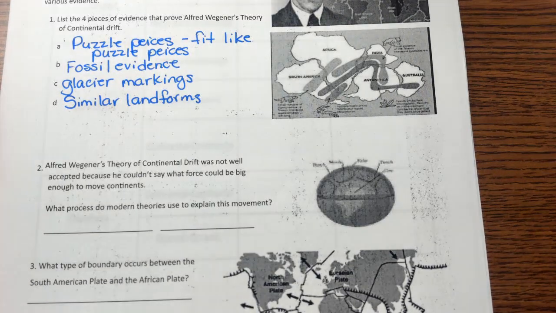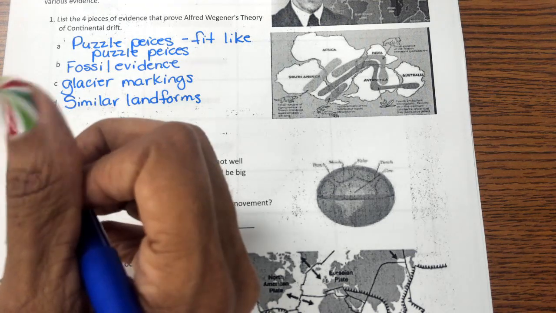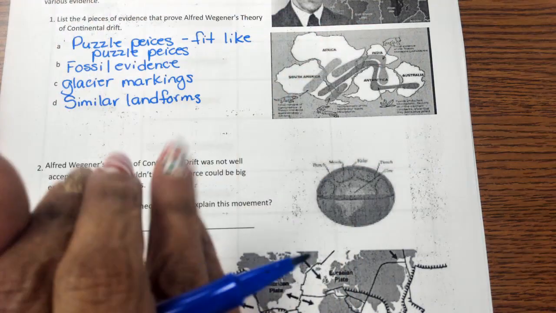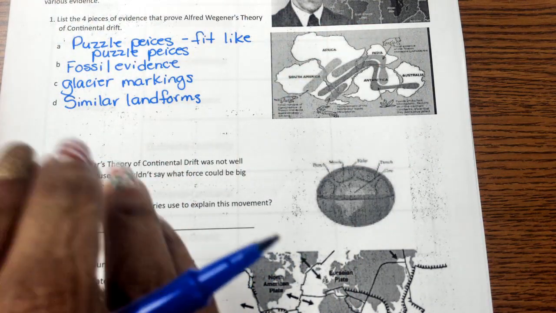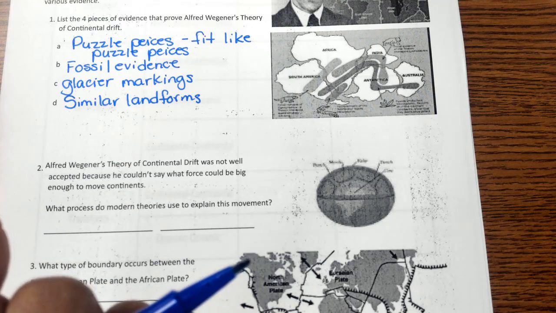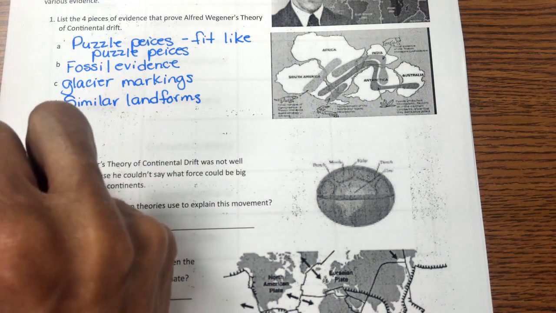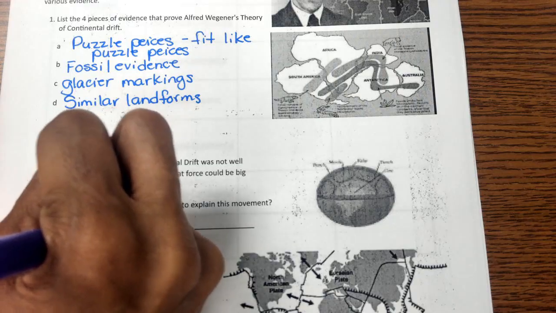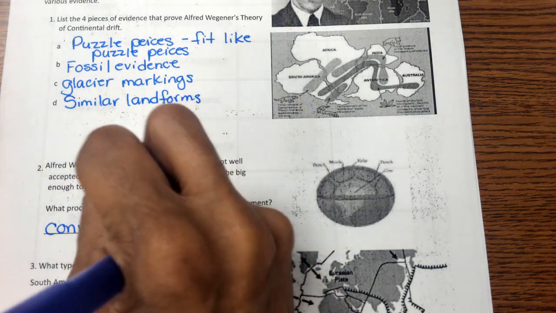Okay, moving on. Alfred Wegener's theory of continental drift was not well accepted because he couldn't say what force could be big enough to move the continents. So the force that was finally accepted that was large enough to move the continents was convection currents.